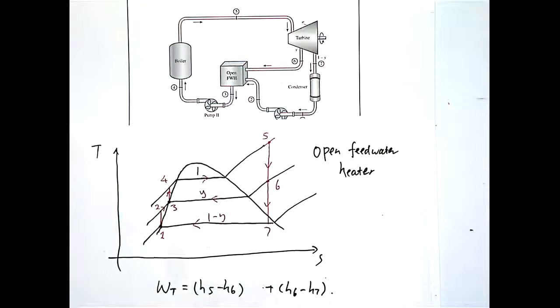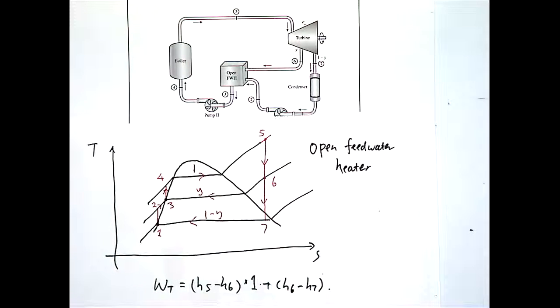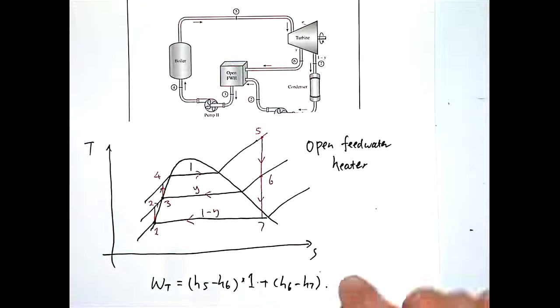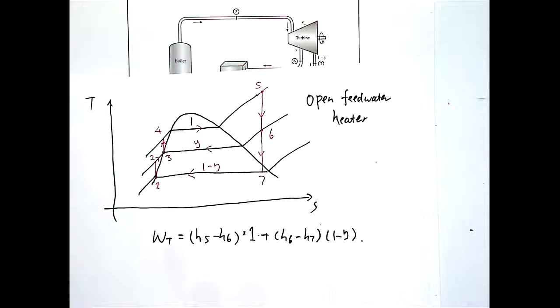So for H5 to H6, what coefficient should I multiply? That's the total mass, 1. And in this case it is 1 minus y for the rest, right? So that's how you calculate the turbine work.